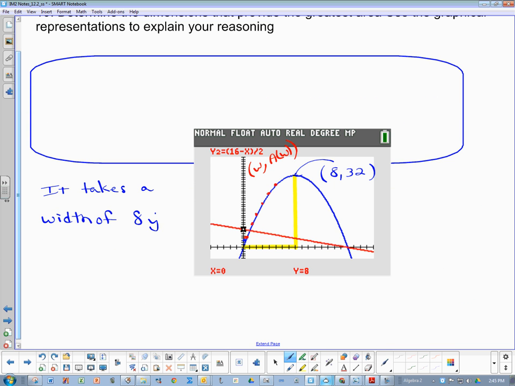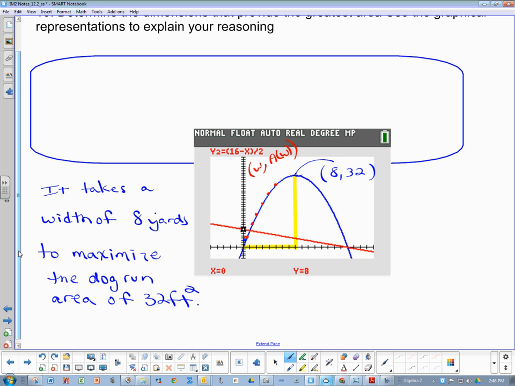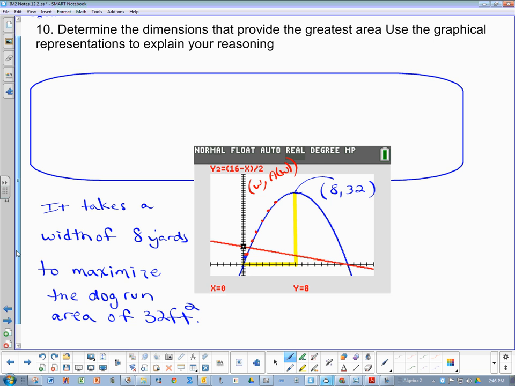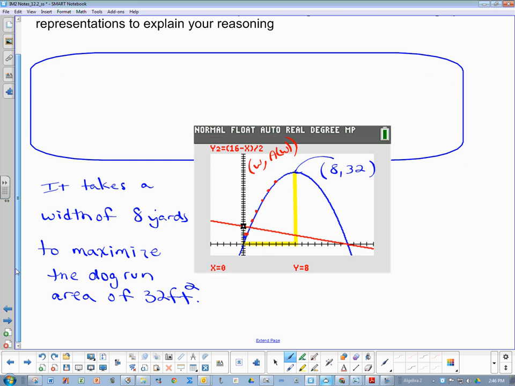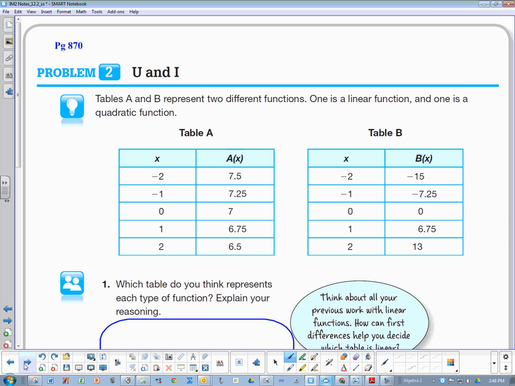So 8 yards to maximize the dog run area of 32. Now be careful here. I can't just put feet right here. We're talking about area, so it's square feet. All right, very good. Hopefully that makes sense to you guys. 32 square feet is the largest size that these dogs are going to run around in when we add on this dog run area.